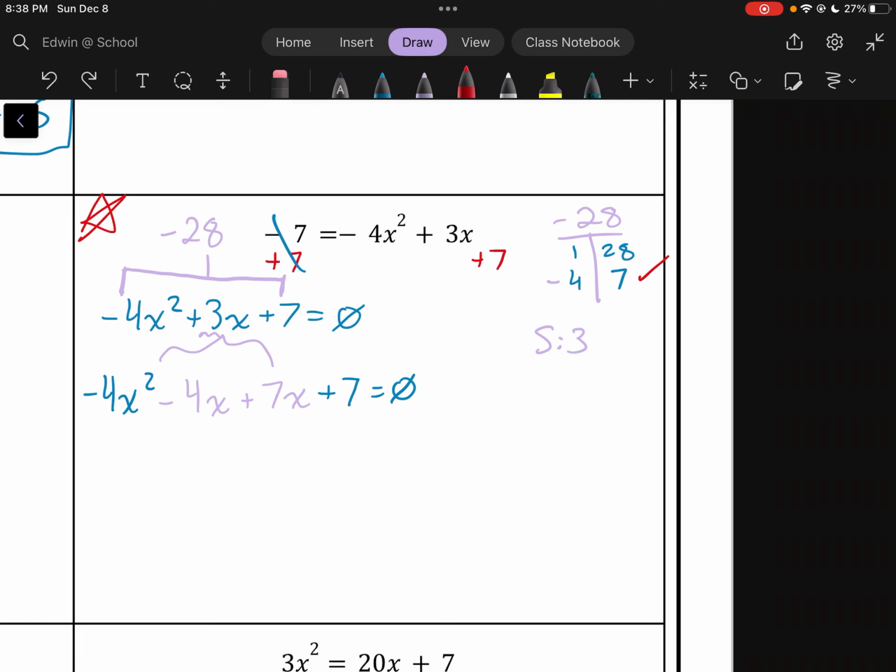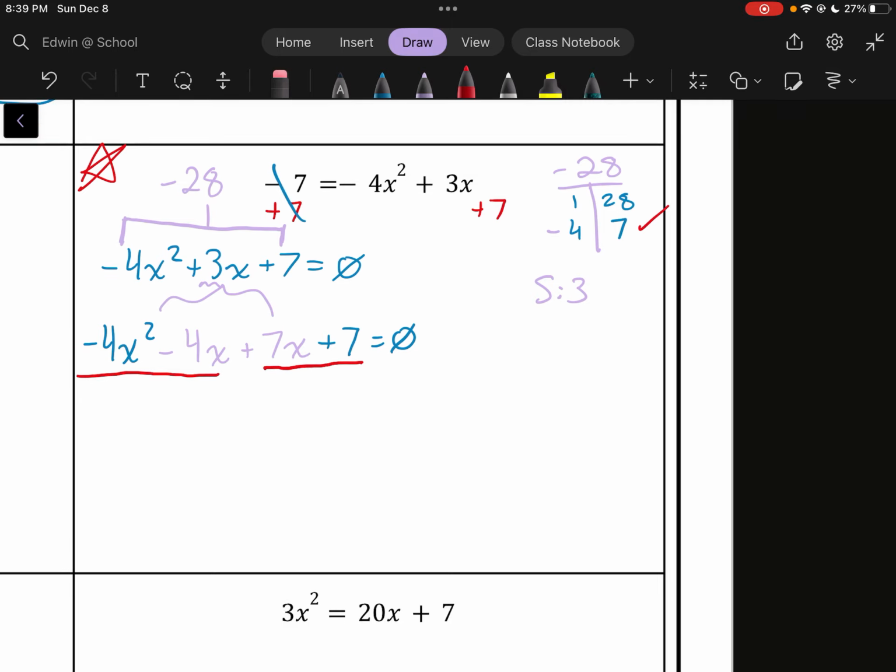It's just a way of rewriting it so that we can manipulate it algebraically. And the reason this is called grouping is because we can group each of these pairs of numbers. So with this first group right here, we want to look at these two terms and take out the biggest common factor. I see we could divide both of them by -4, and they both have an x.